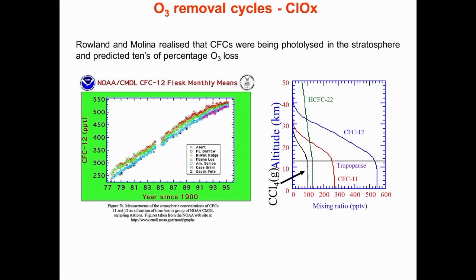Because the intensity of sunlight of higher energies increases with height. So they're all photolysed at different rates with the high energy photons. So you can predict what the profiles look like in the stratosphere from the penetration depth of the different wavelengths of light.